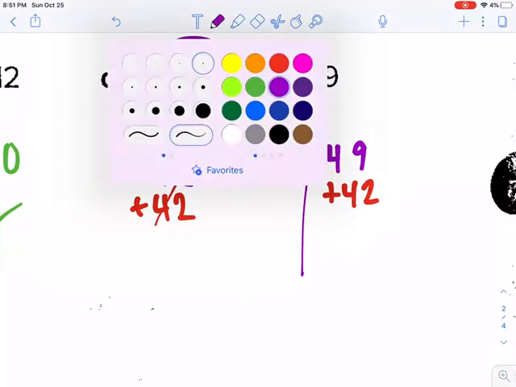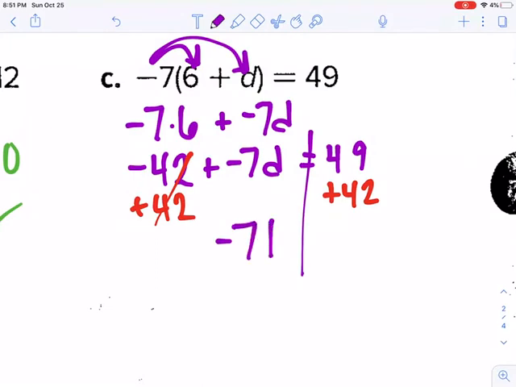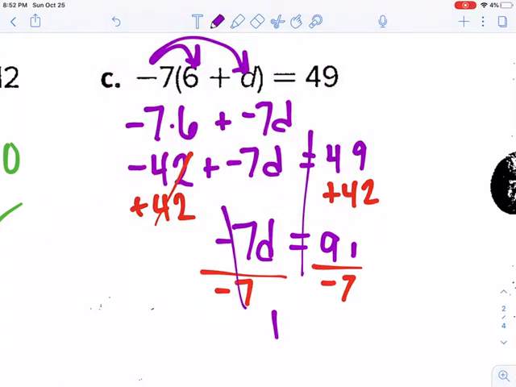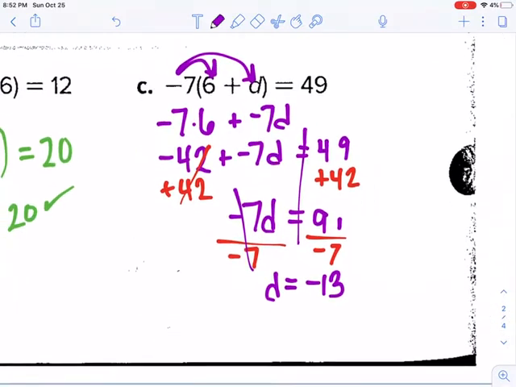That cancels that out. You're left with negative 7d equals 91. And then we're going to divide by 2. I'm sorry, divide by negative 7. And that cancels out, and you are left with negative 13.